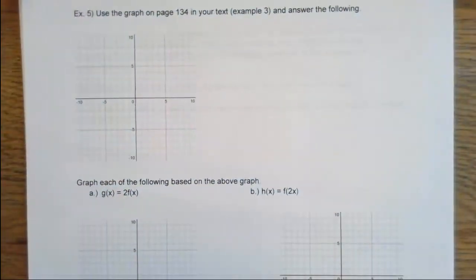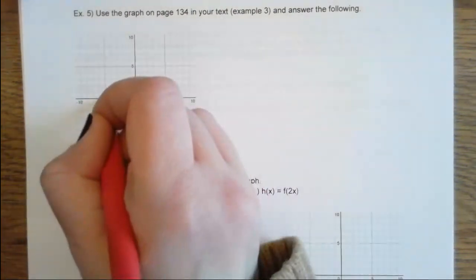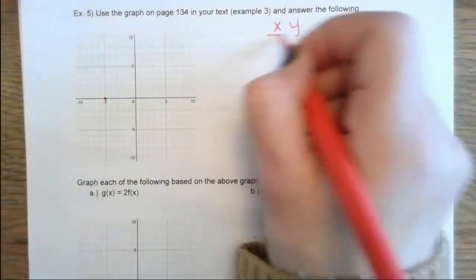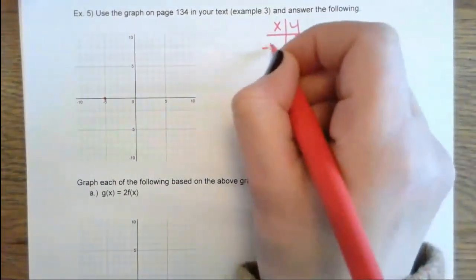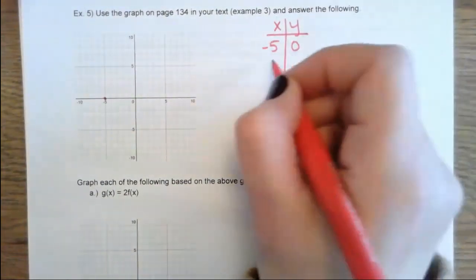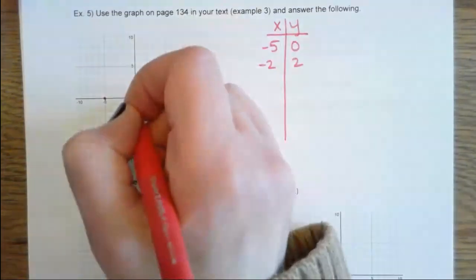All right, so I'm going to just recreate the graph here. So instead of using a parent function that we're used to, sometimes you'll just use a different starting function, and they're going to give it to us here. So this is from your text. So we have the point, I'm going to make a little table here. -5, 0 is the first point. The second point is -2, 2.